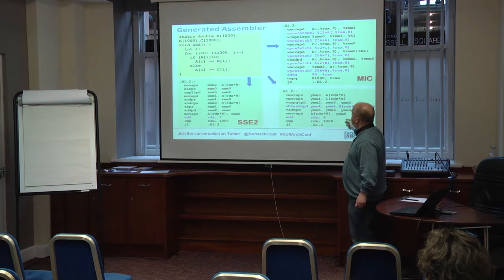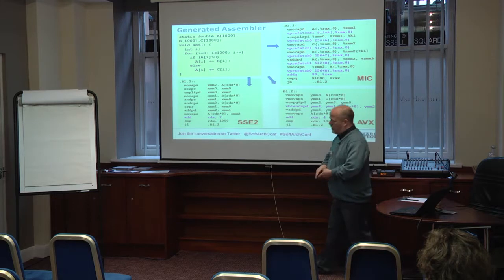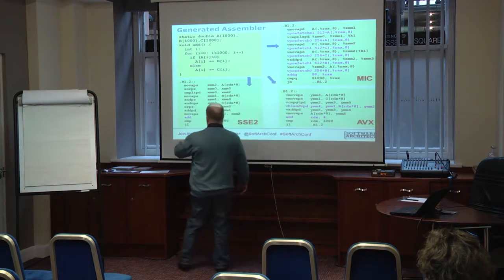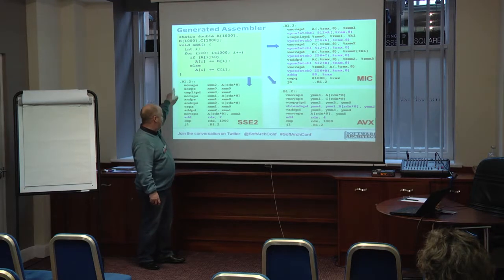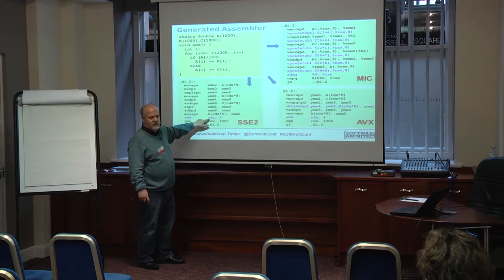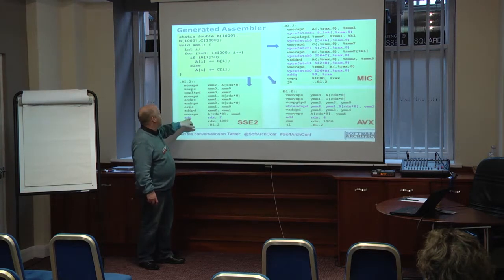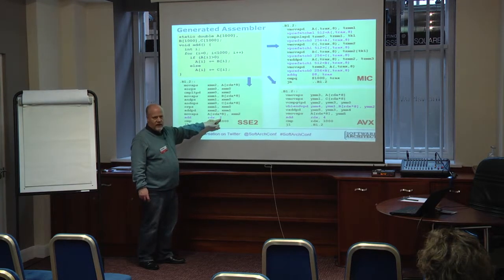In the assembler, the code does the same sort of calculations, and each time it goes around the loop, there's a test at the end, and it increments the counter that's controlling the loop. So here, in the SSE example, it increments the loop counter by 2.